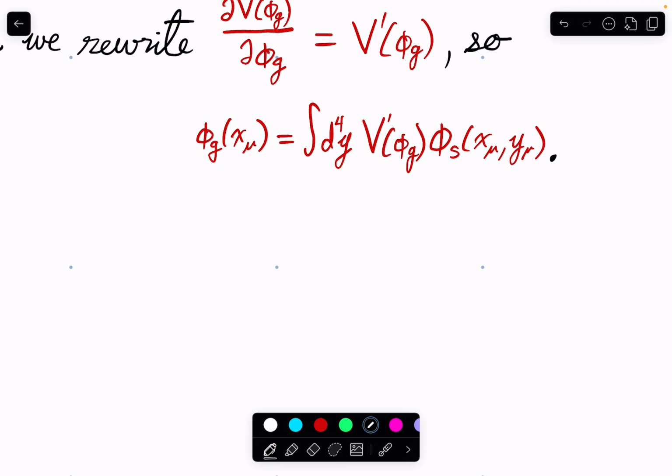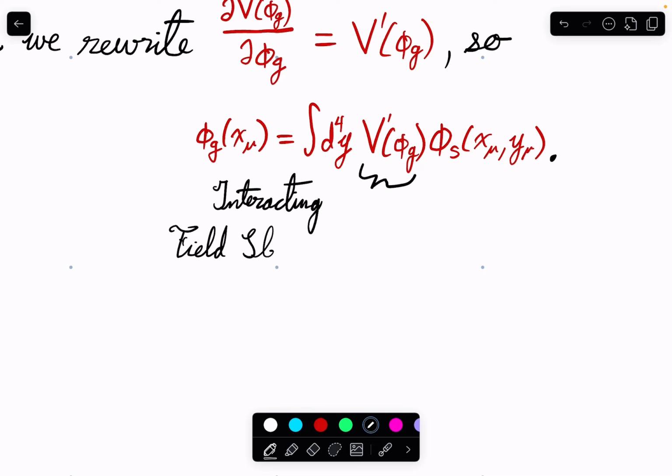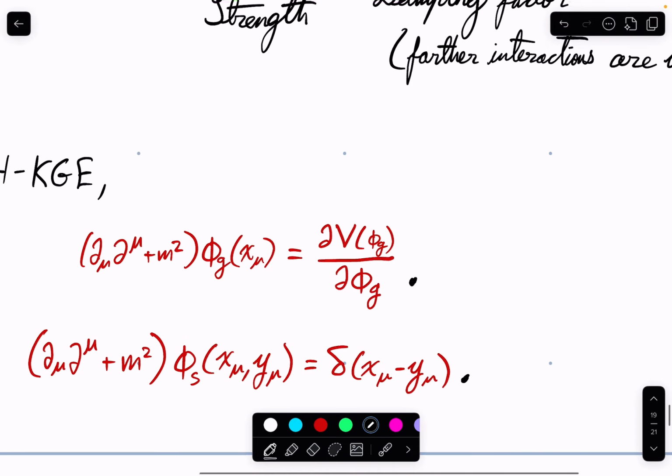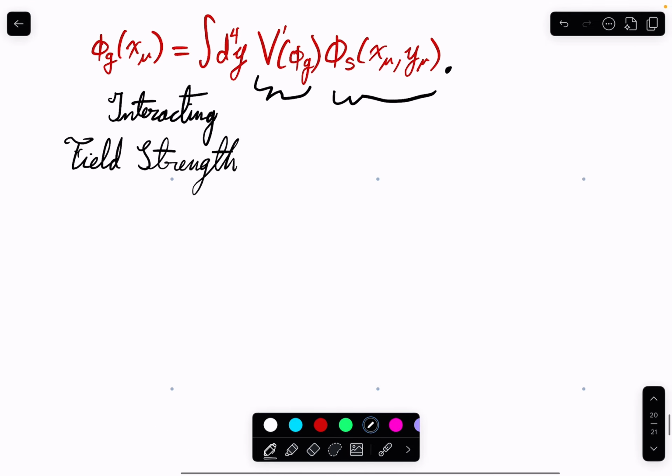So here you have your interacting field strength. And then here you have the damping factor, but I'm going to write it in slightly different terms.